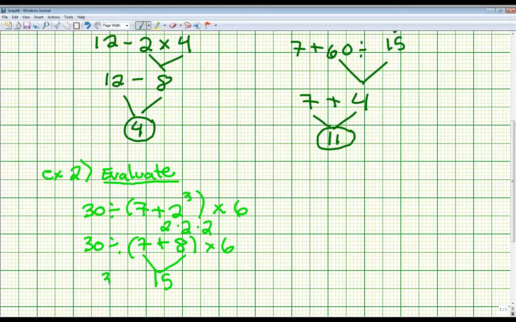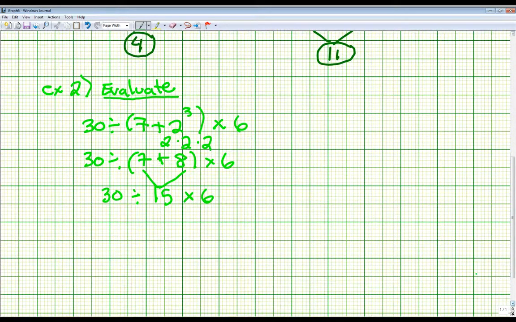So now I have this 30 in the front still, divided by a 15, and then times 6 on the end. So you can see all I'm doing is bringing down my answers each time I do a step, and then things that I have not used yet. So now I see division and multiplication. On our list PEMDAS, division and multiplication happen on the same step from left to right.